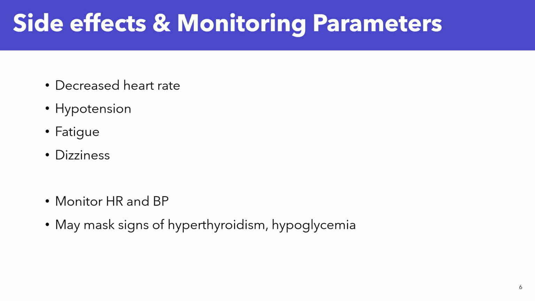Monitor the heart rate, monitor blood pressure. Also, something important to note is that beta blockers may mask the signs of hyperthyroidism. Again, that's because they lower the heart rate, for example, and they can also mask the symptoms of hypoglycemia.